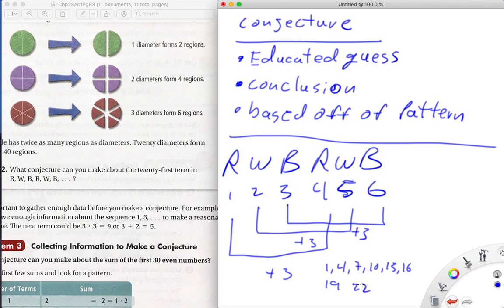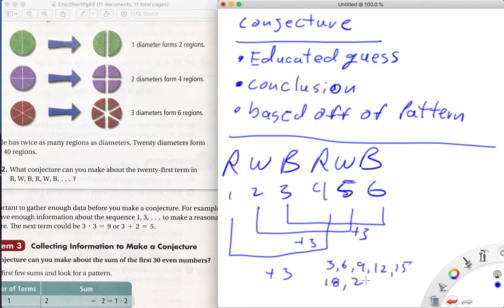That's that. So if the 22nd term is R, what's the letter right before R? It's B. So it might be safe to assume that it's B. So let me look at 3. So we have 3, 6, 9, 12, 15, 18.